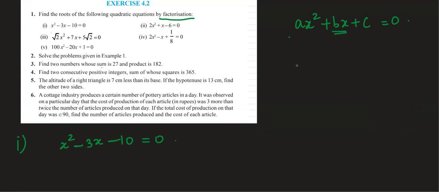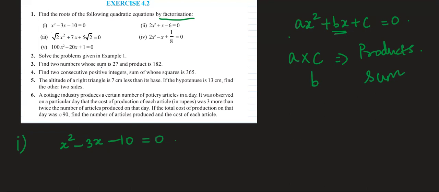I'll have to find 2 numbers where if I multiply them, the product should be a into c, that is, the coefficient of x square into the constant term. And when I add the 2 numbers, the sum should be b, the coefficient of x.